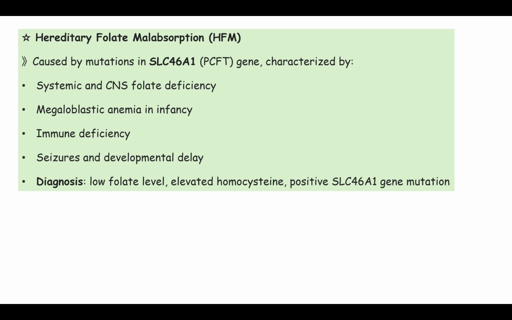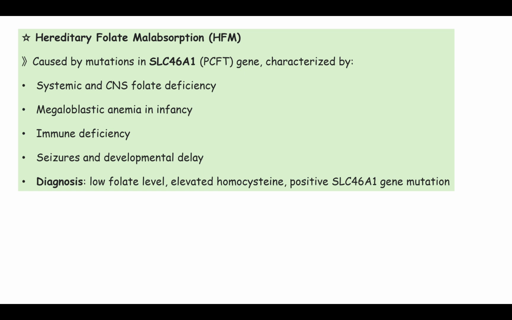Next is hereditary folate malabsorption or HFM. This condition is caused by mutation in the SLC46A1, also known as the PCFT gene. It is characterized by both systemic and central nervous system folate deficiency. Clinical features include megaloblastic anemia in infancy, immune deficiency, seizures, and developmental delay.